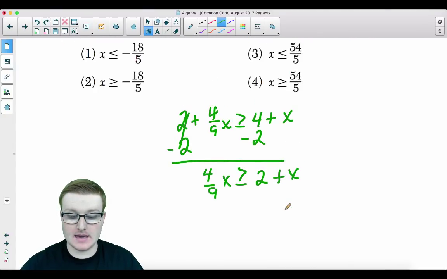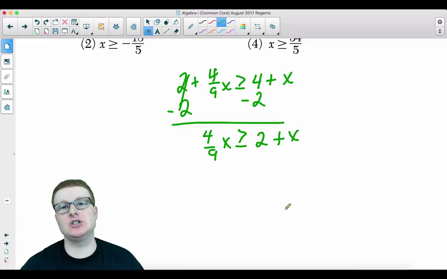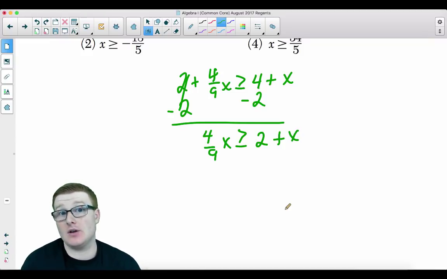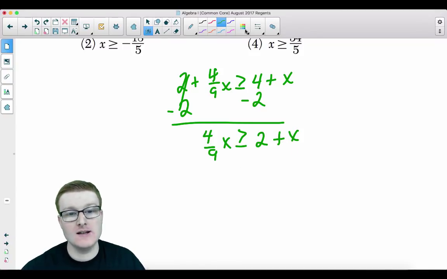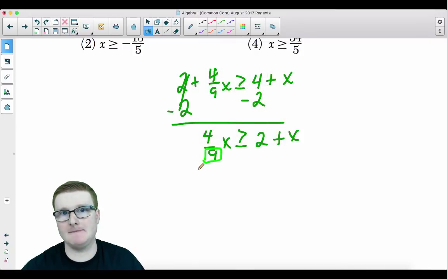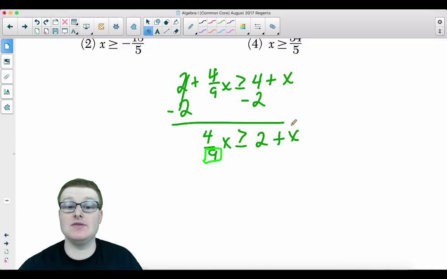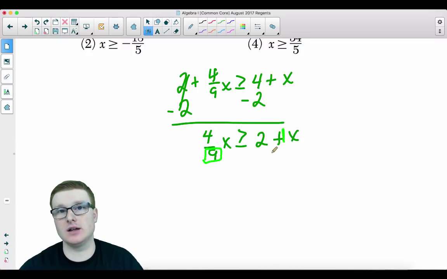So, here's the best thing to do in this case. Either you could use the calculator and just subtract the x on both sides and do 4/9 minus 1. Or, a little trick that always helps. You see how the denominator is a 9, and that's 4/9, and this has the number 1 in the front?